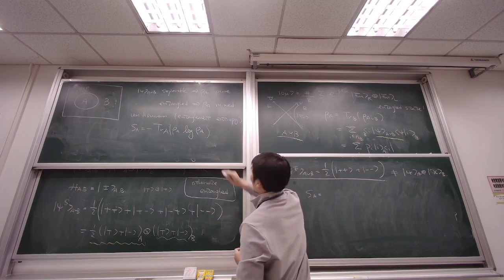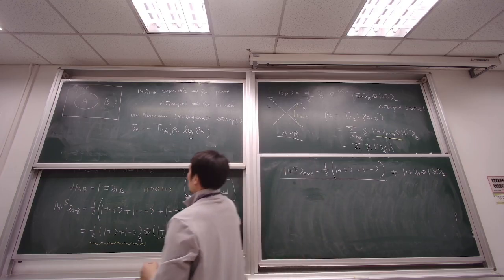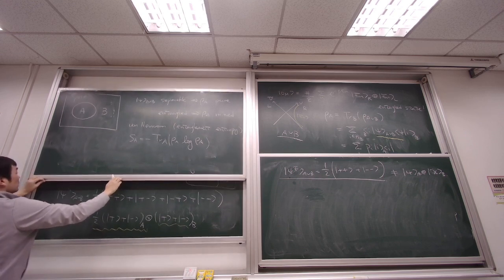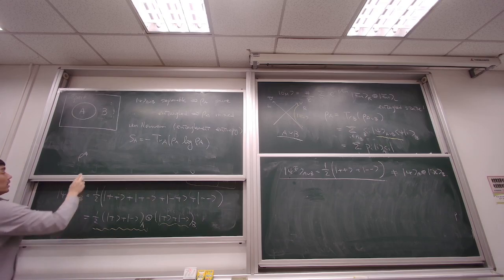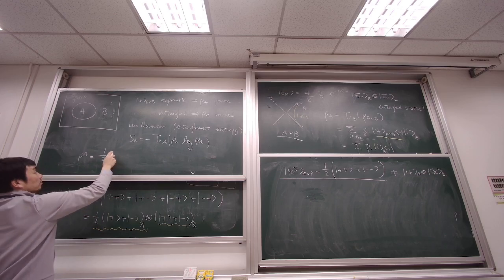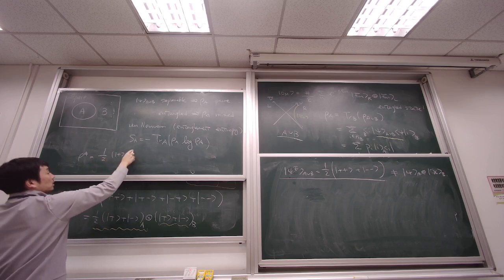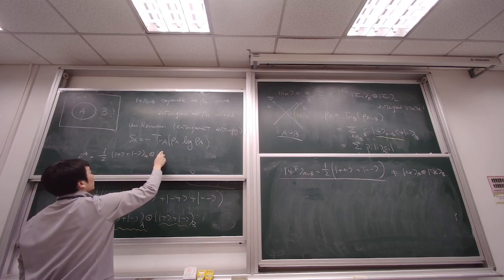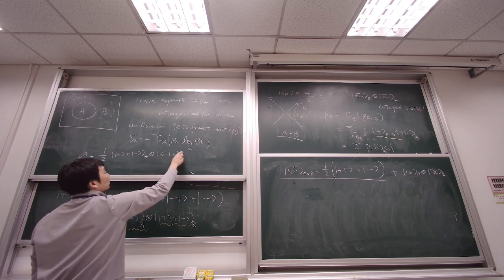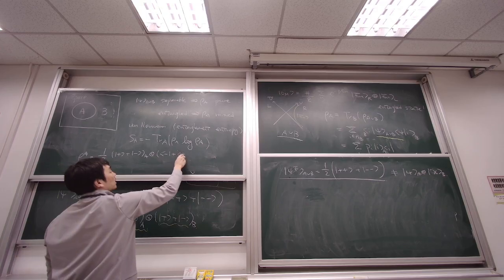Let's compute rho A for this one. It should be 1/2 times plus-minus, and the same thing with minus-plus, like this way.